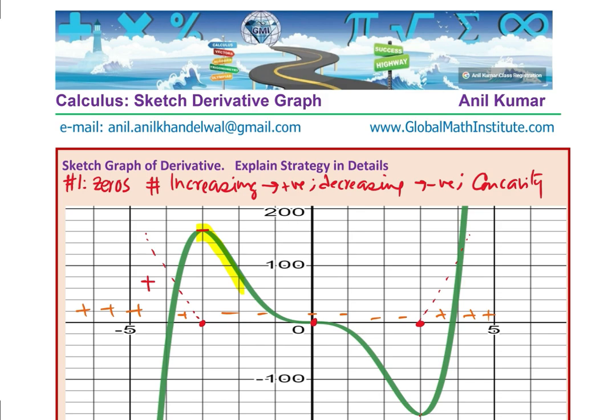And you see, this is concave up, correct? Again, we have concave down and we have concave up. Do you see that? So there are two changes in concavities, and these will correspond to maximum and minimum. Perfect. So that looks for maximum and minimum.